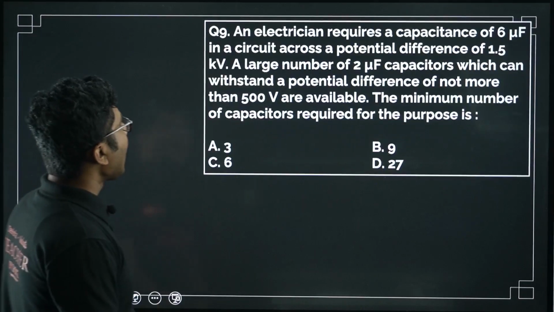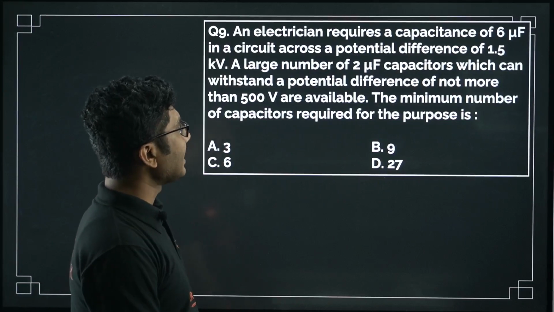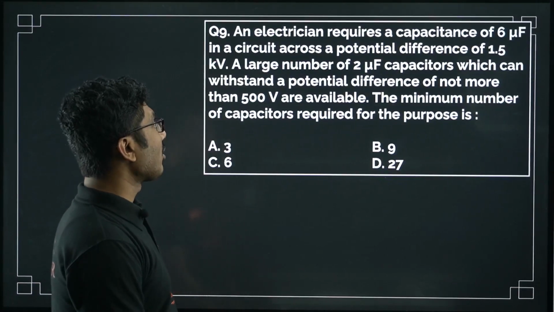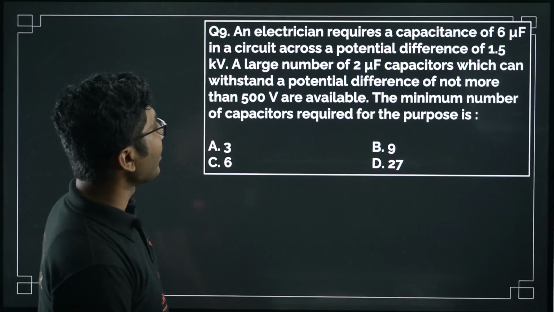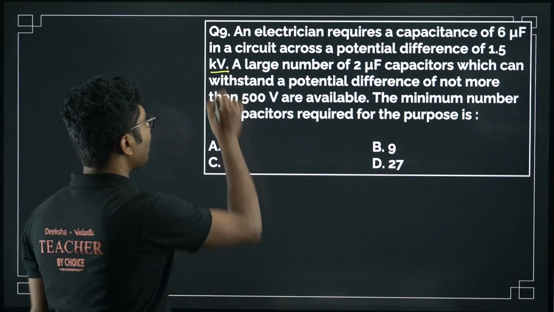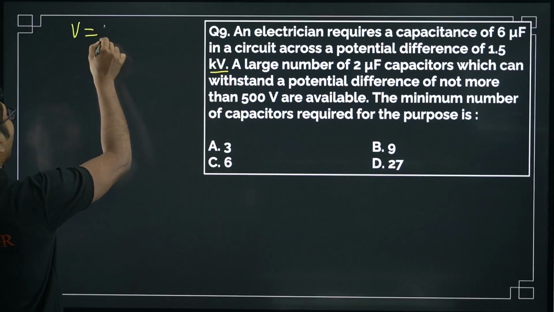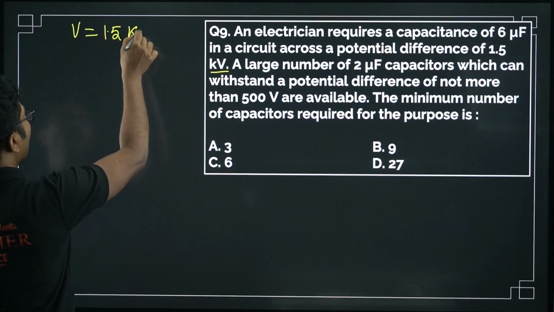Next question. An electrician requires a capacitance of 6 microfarad in a circuit across a potential difference of 1.5 kilovolt. Very, very important. So the voltage required is 1.5 kilovolt.